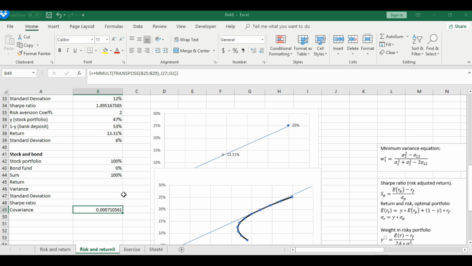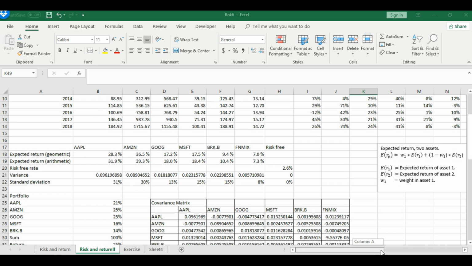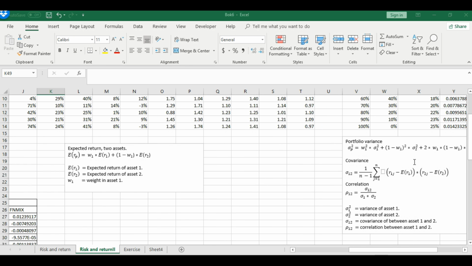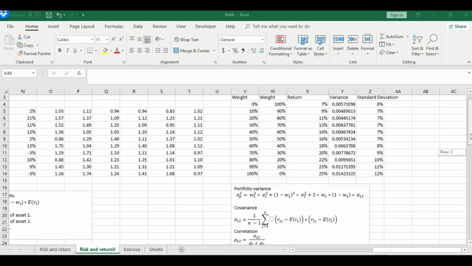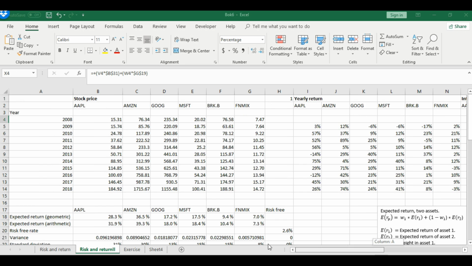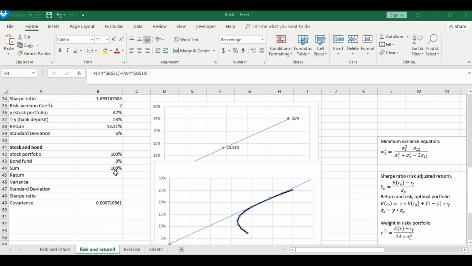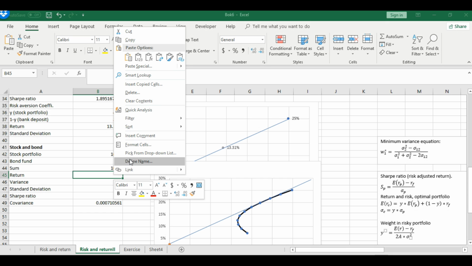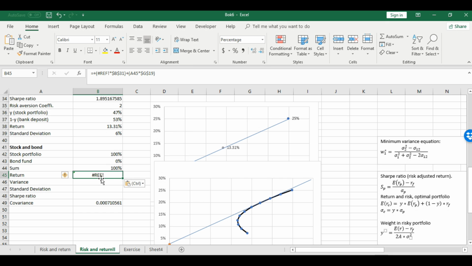We calculate the risk and return the same way we did earlier, using these two formulas. So we can just copy the formula from here and change the variables, the weight.